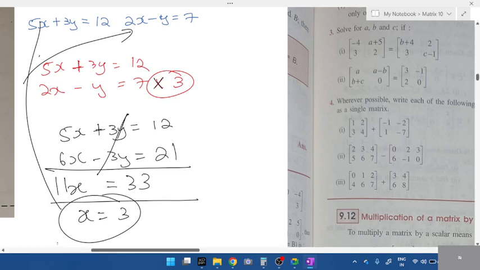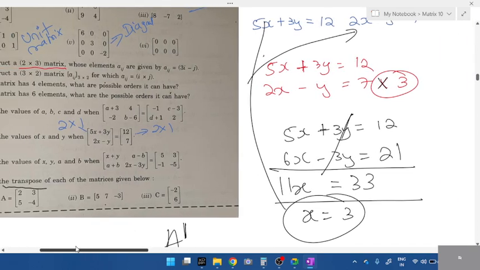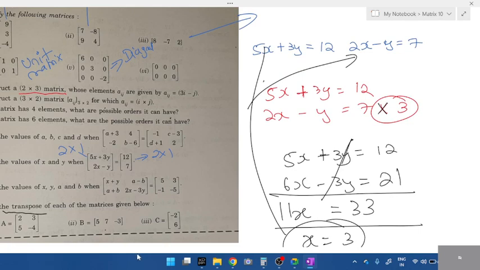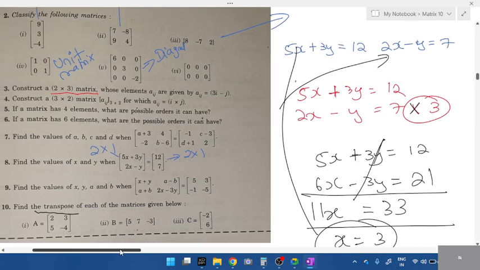Wait, let me show the question first. First copy the question. Eighth one, students. Look at the eighth one. Copy the question. After that, start solving. So we are just using equal matrix concept. We haven't started addition subtraction yet.